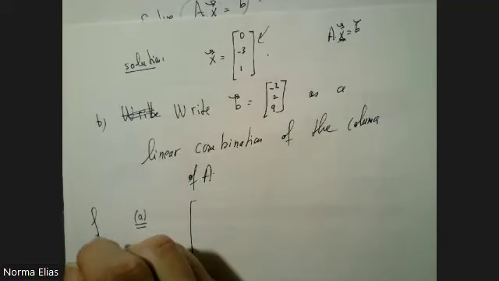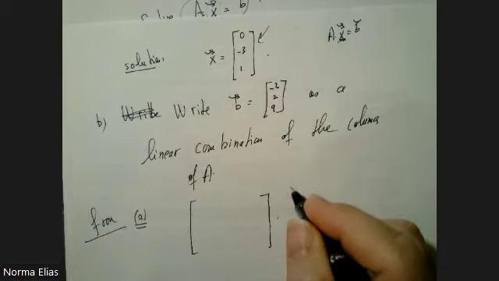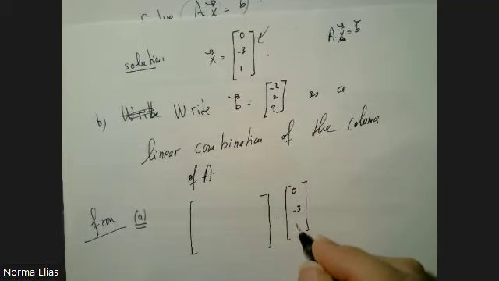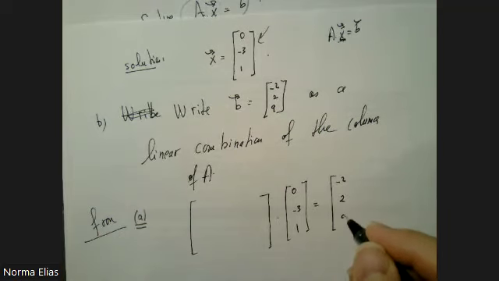So from A, we saw that if you take the matrix A, so this is the solution vector, and I get minus 2, 2, 9.